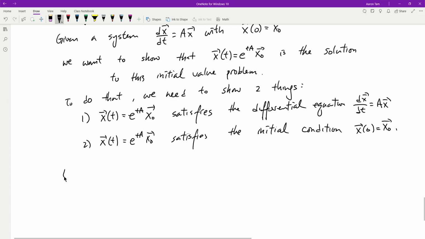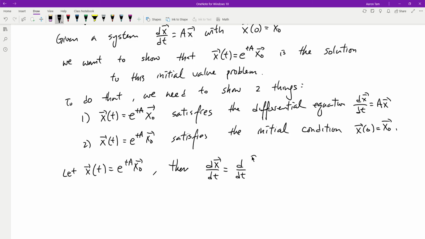So let vector x of t equal to e to t a vector x sub 0. Then I can now do d vector x over dt. That would mean taking the derivative of e to t a x sub 0.